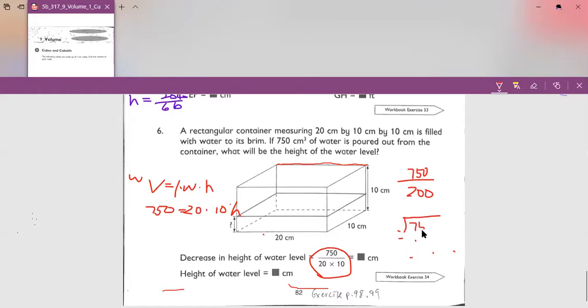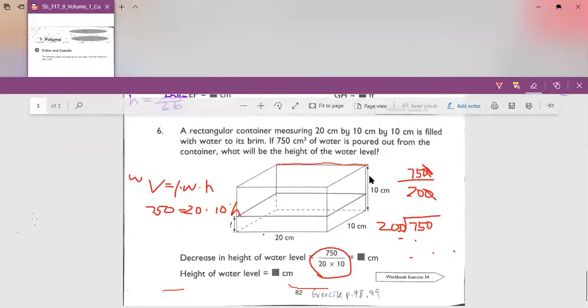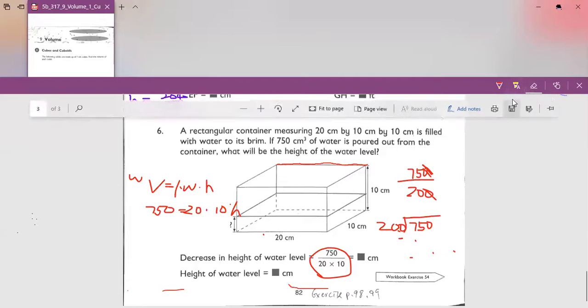So 750 divided by 200, right? And then there's a fast way. Since they all have a 0, we divide by 10, so we can take away this 0. Let me erase this.